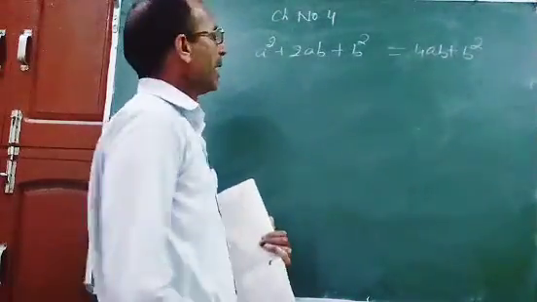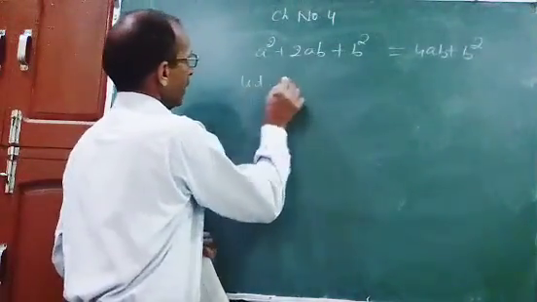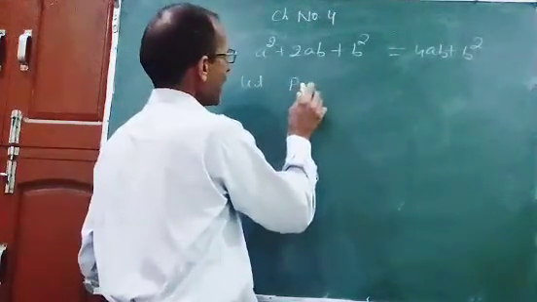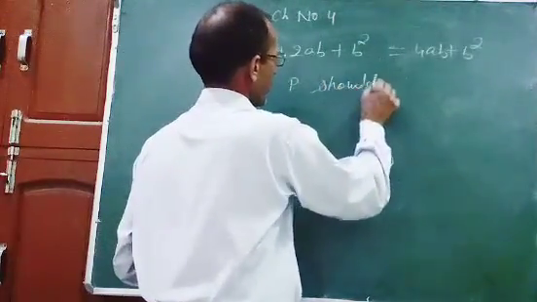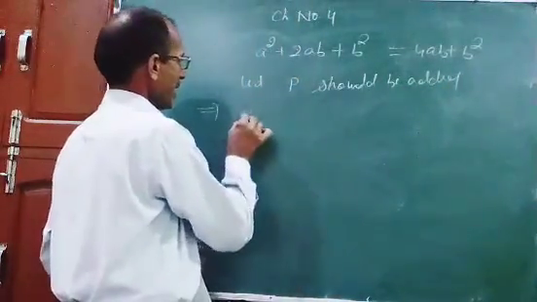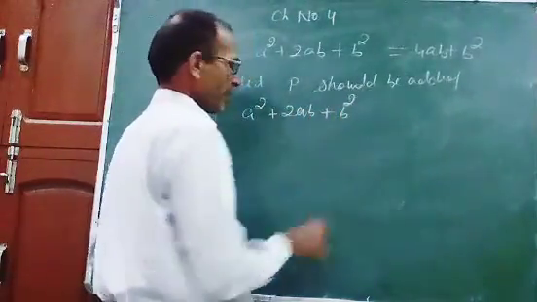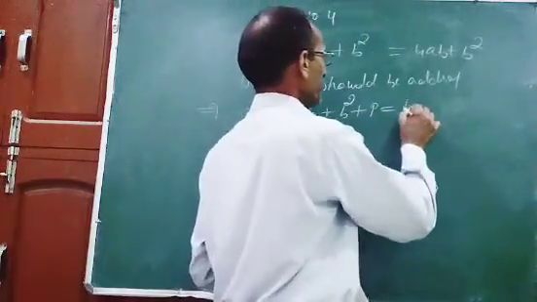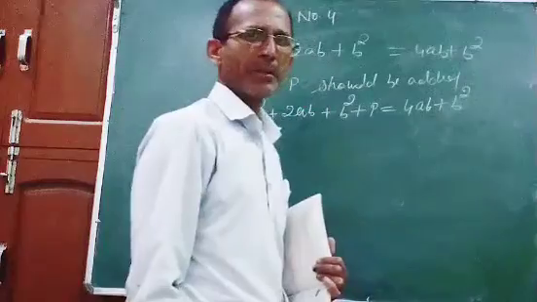You can assume p should be added, or you can assume x, or q, anything. So let p should be added. If I add p to a square plus 2ab plus b square, then it will be equal to 4ab plus b square.